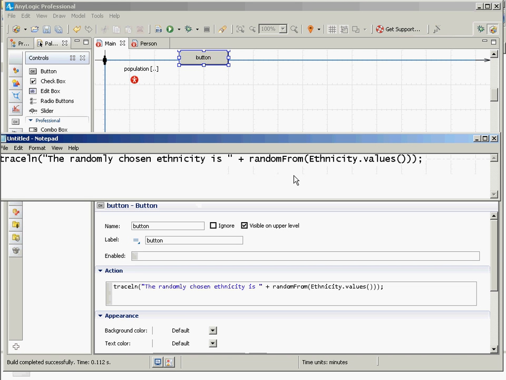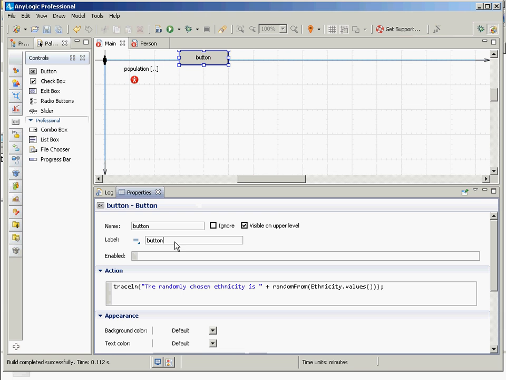But now when we press the button, it's going to generate an ethnicity. Let's give that button a nice name. The label for the button will be generate random ethnicity, and then save the model.